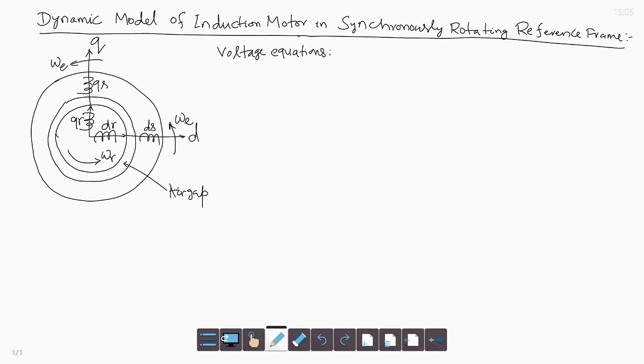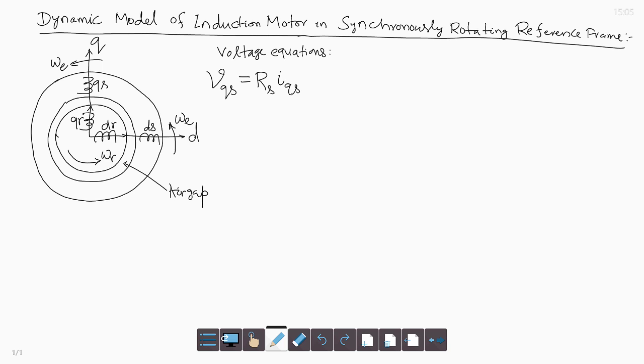For the stator winding, the voltage across the q axis stator winding is Vqs, that is equal to the resistance drop in the winding, Rs iqs, plus the induced EMF along the same winding. As you know, the EMF induced is of two types, one is rotational EMF, another is transformer EMF.